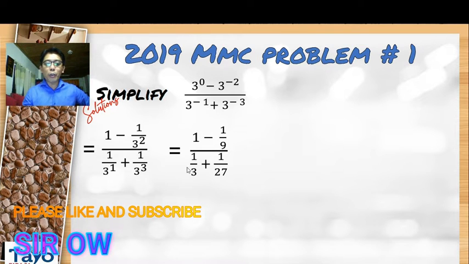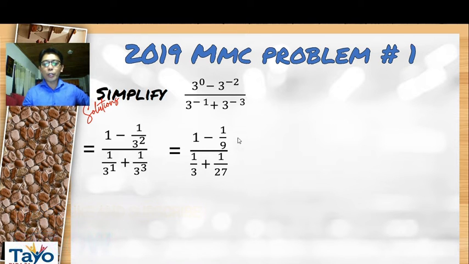So, if you notice po, magiging complex fraction po ito. So, since complex fraction ito, we get the LCD, the least common denominator. So, let's start with the numerator first.